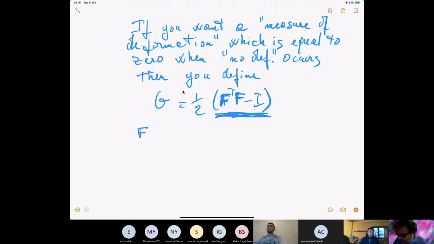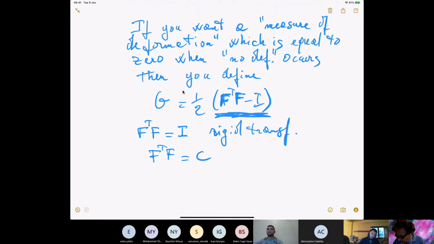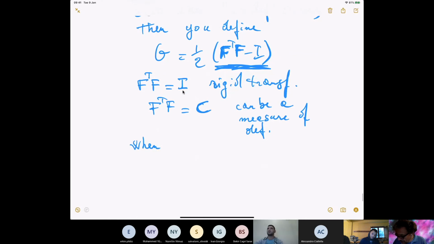If instead of making this choice, you accept that no deformation means that the measure of deformation is equal to identity, then you can use F transpose F, which is usually called also C. This can be a measure of deformation: when C is equal to identity, then no deformation occurs.